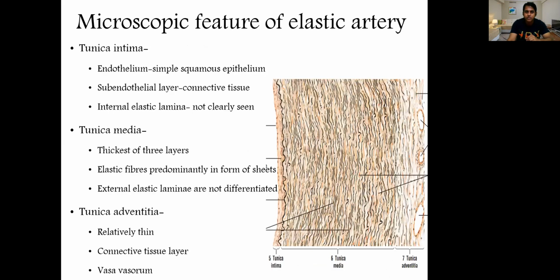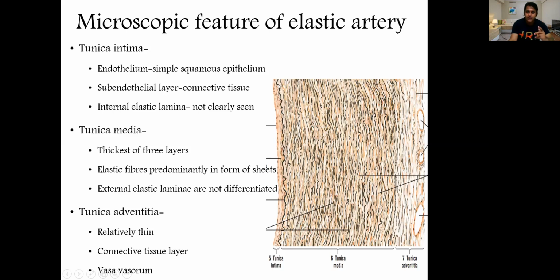Okay, let us see the microscopic feature of the elastic artery. Again here, three basic walls: tunica intima, media, and adventitia. This is the same. The lining epithelium is a simple squamous epithelium. The next layer is again the same, subendothelial connective tissue, right?